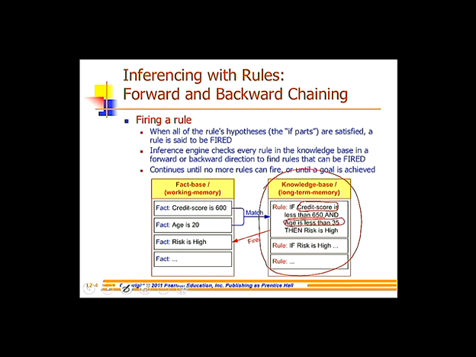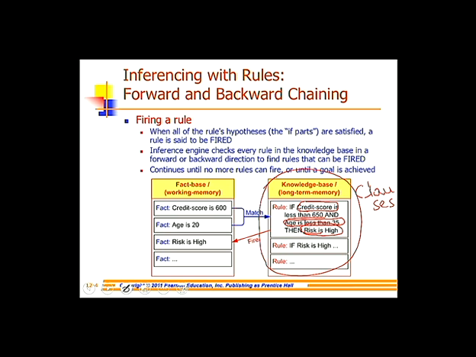These are two clauses or premises that need to be known to be able to know whether the risk is high or low.